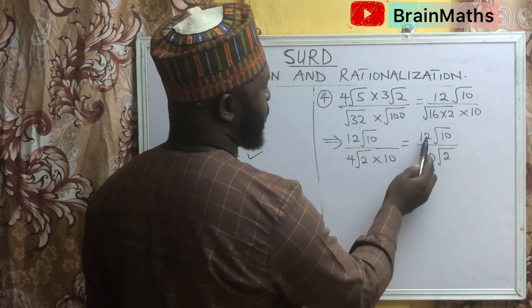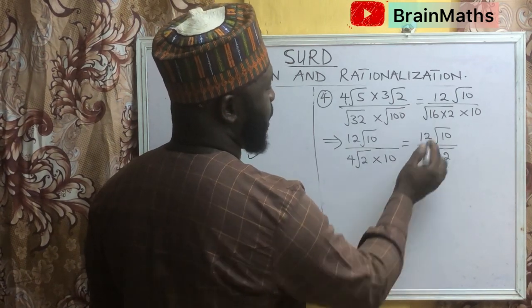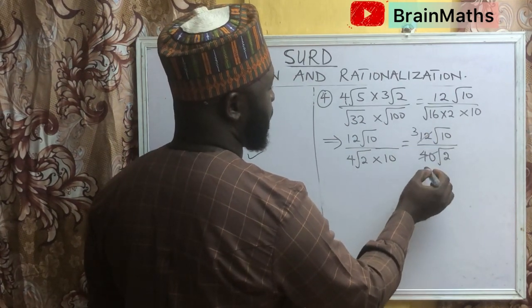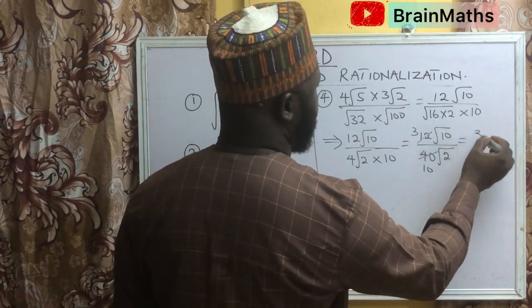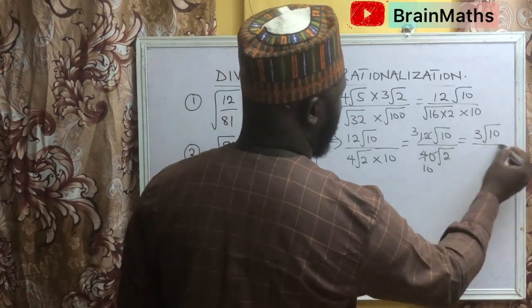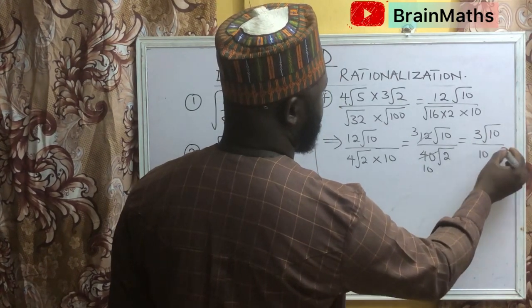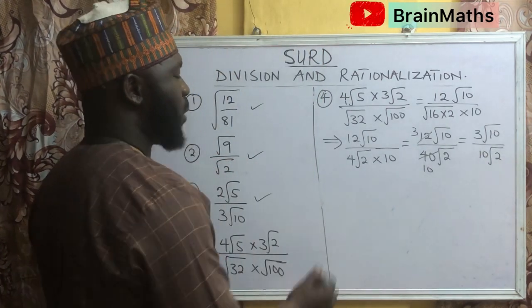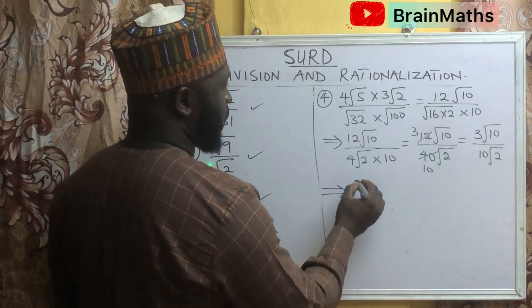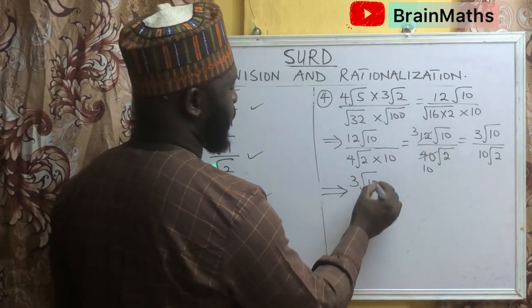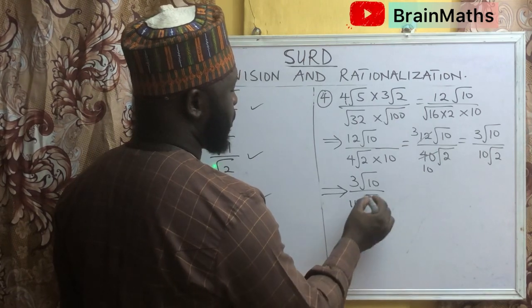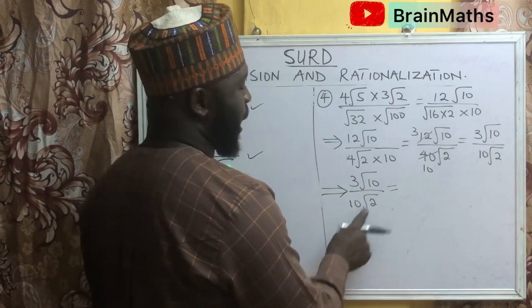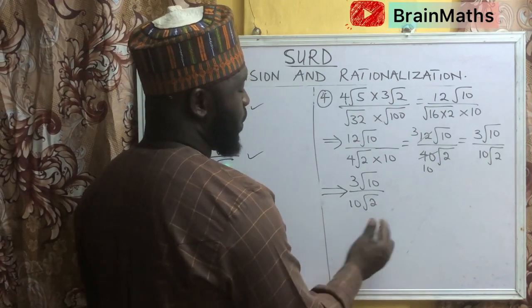4 can divide both 12 and 40. 4 in 12, 3. 4 in 40, 10. So we are left with 3 root 10 over 10 root 2. So this is what we want to rationalize. Rationalizing this means we are multiplying both the numerator and the denominator by 10 root 2.